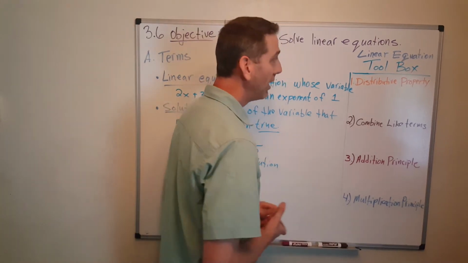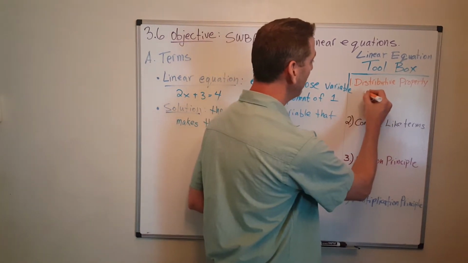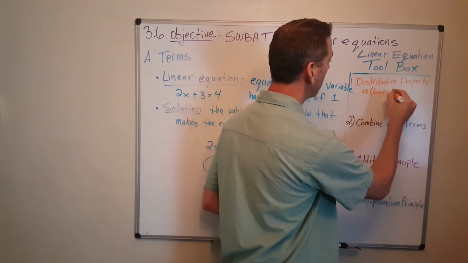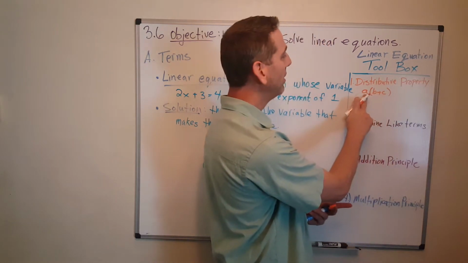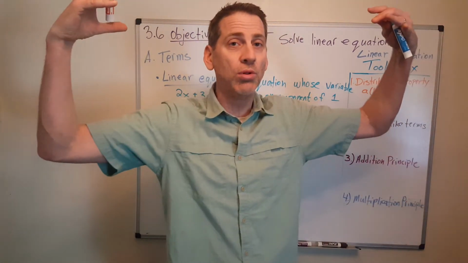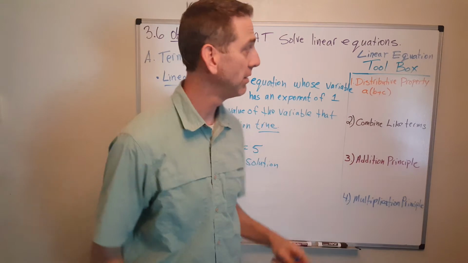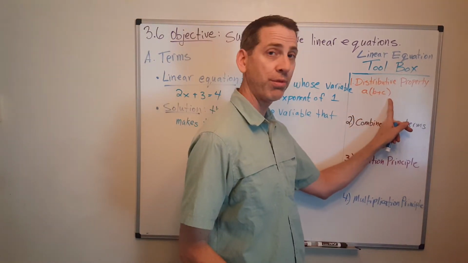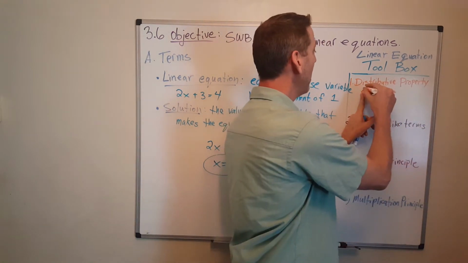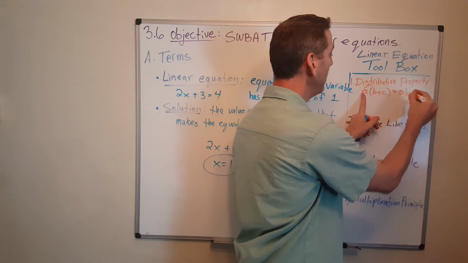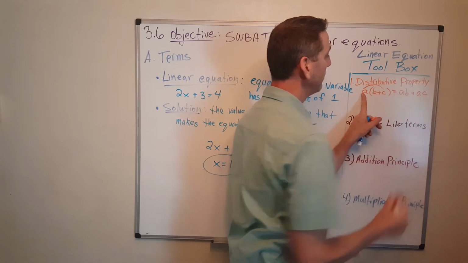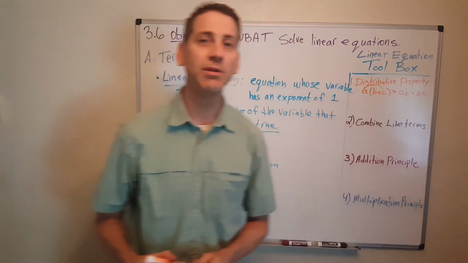Basically, if I have some number A multiplied by B and C, where the B and the C are in a grouping symbol, A is being multiplied by both, not just the B. Then you get A times B, which is AB, and A times C, which is AC. So there's the distributive property.